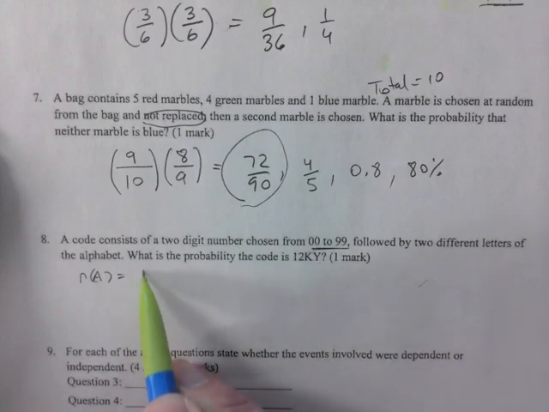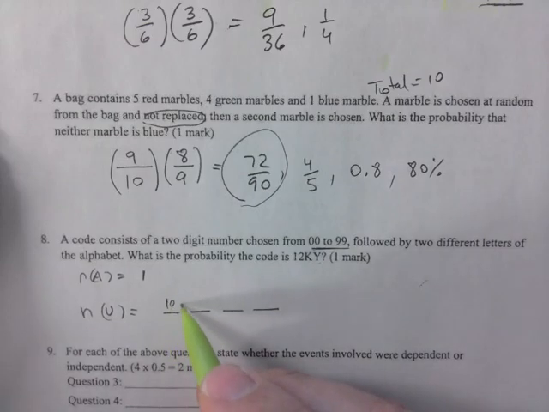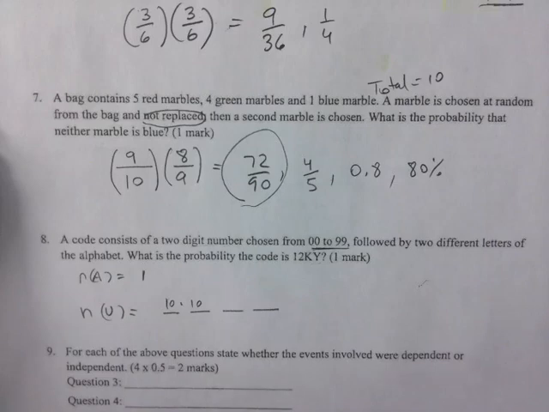It's basically 1. There's only 1. They give you all the entries, so there's only 1 option for that. And you have 1, 2, 3, 4. It doesn't tell us whether or not we can repeat, so we're assuming repetition is all right. So we've got 10 times 10, and you've got 26 times 26.